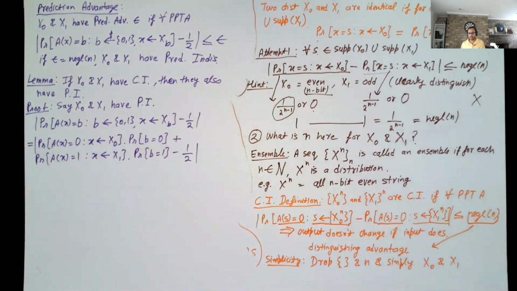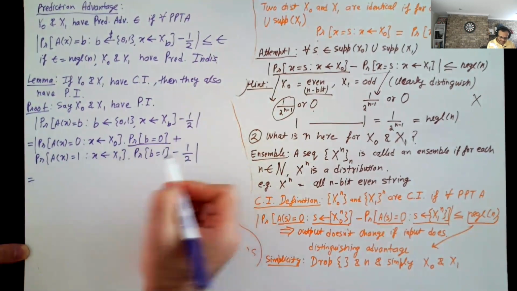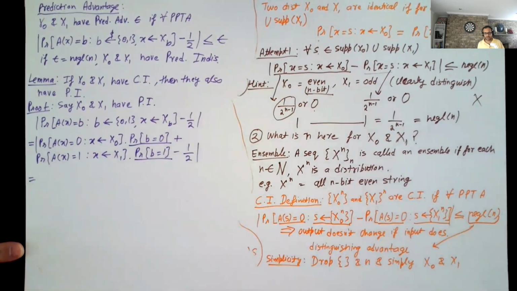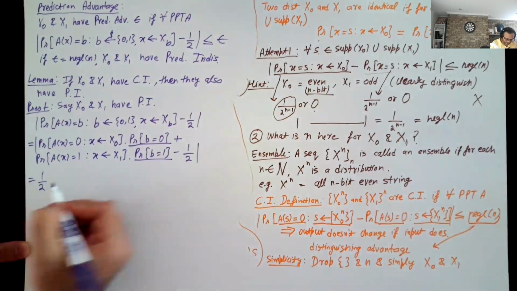So hopefully this is clear. And by the way, this is half, because b is a uniform bit. So I'll take half outside.